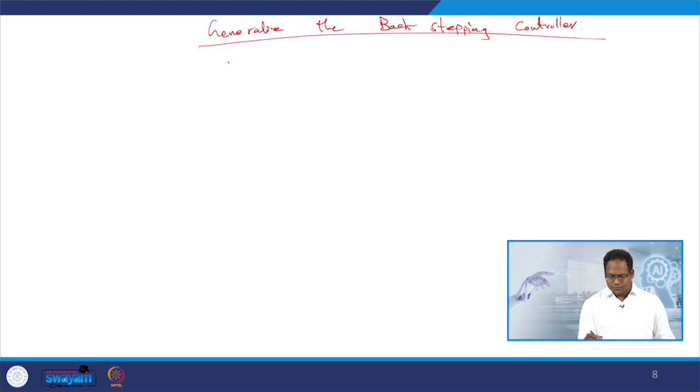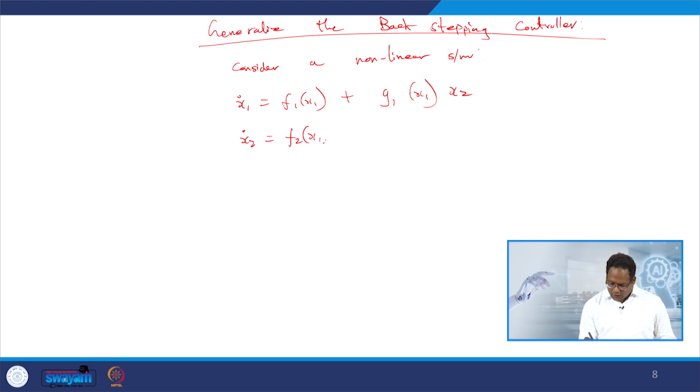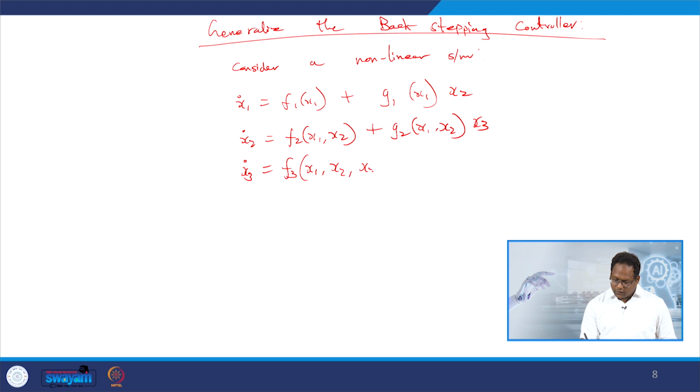So, let us consider a general nonlinear system given by x1 dot equal to f1 of x1 plus g1 of x1 into x2. Similarly, x2 dot is equal to f2 of x1, x2 plus g2 of x1, x2 into x3. Similarly, x3 dot becomes f3 of x1, x2, x3 plus g3 of x1, x2, x3 multiplied by x4.